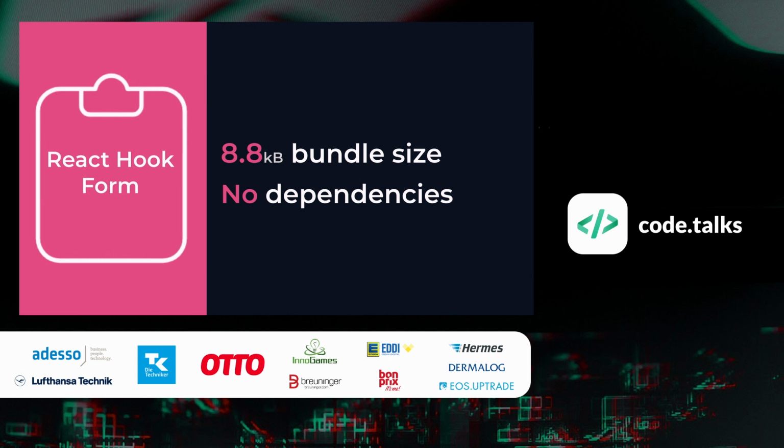Like, have you heard about the color incident? No? OK, so there was a security bug that happened in one of the dependencies recently, not from React Hook Form, but from another library.